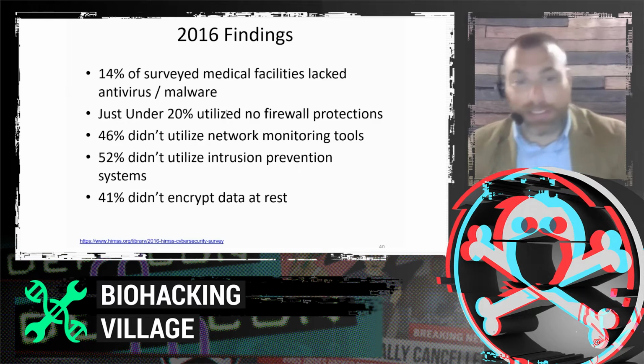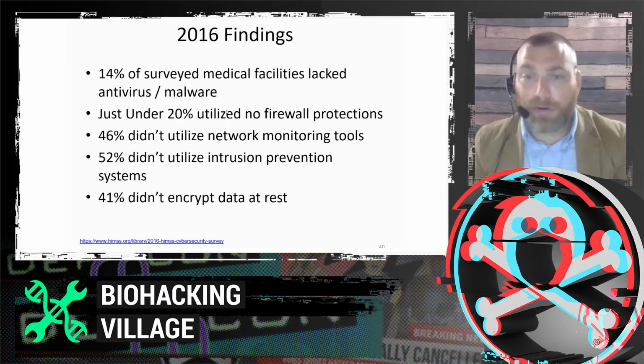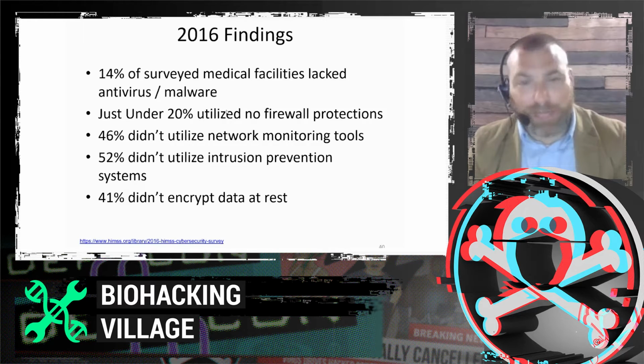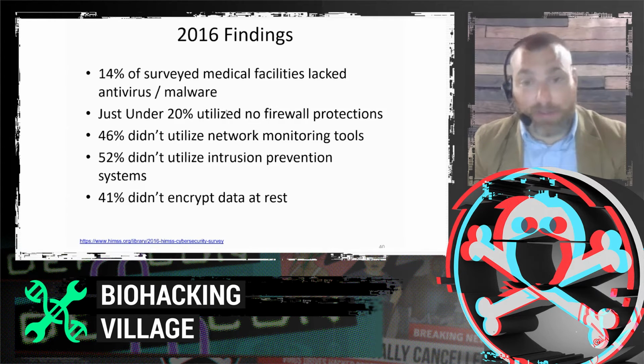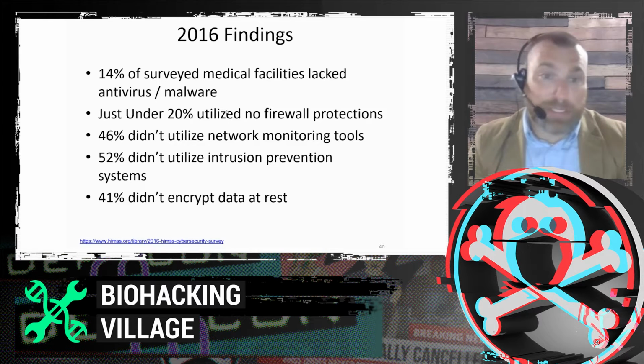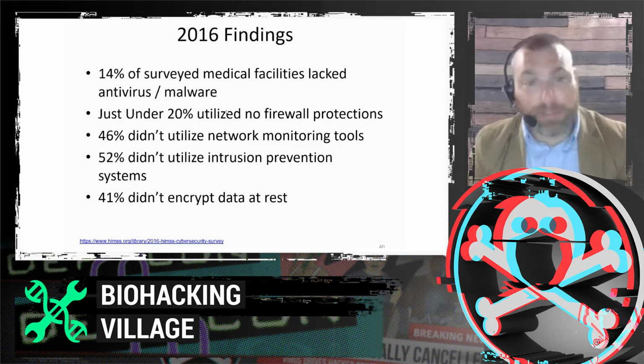And then the 2016 HIMSS study looked at 200 different medical facilities, but a third of those were doctor's offices and smaller offices. So that third skewed the stats a little bit. You can factor that in when you're looking at these numbers, but it's still scary to think that, even if it's an outpatient clinic or a doctor's office, the numbers would be this high. 14% of those medical facilities lacked any antivirus or malware protection.